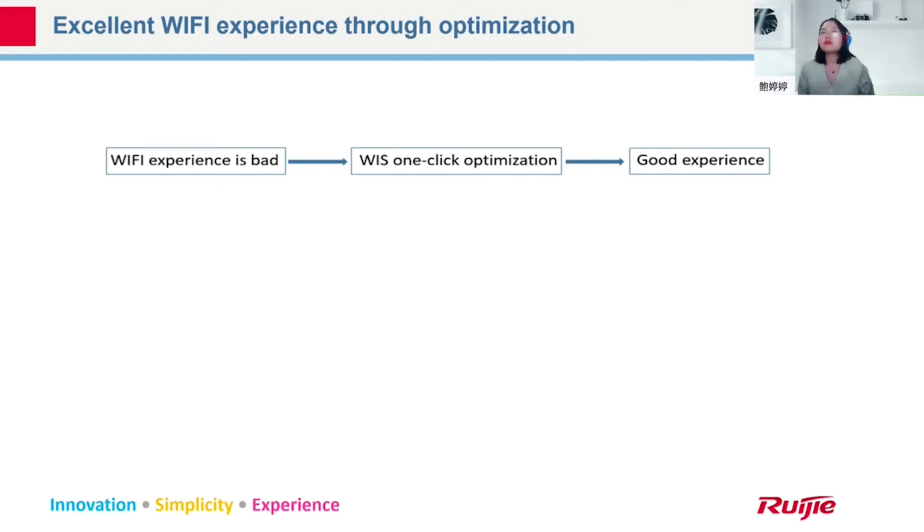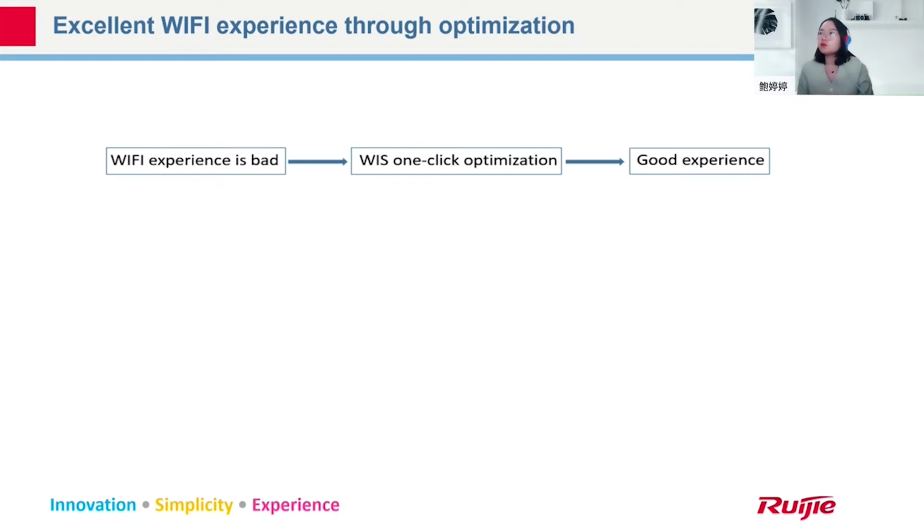And the key point of the platform is that we can do the optimization on the platform. Maybe you only need one click, and then all the devices can do the optimization automatically. In some basic scenarios, a click on the WIS platform is enough for us. Of course, in some complex scenarios, we still have to do the optimization one by one to get the best result.